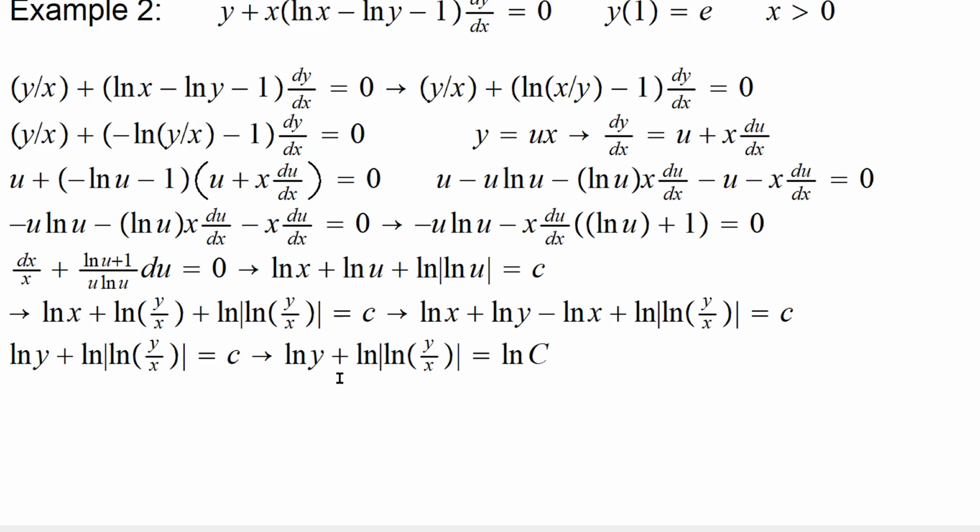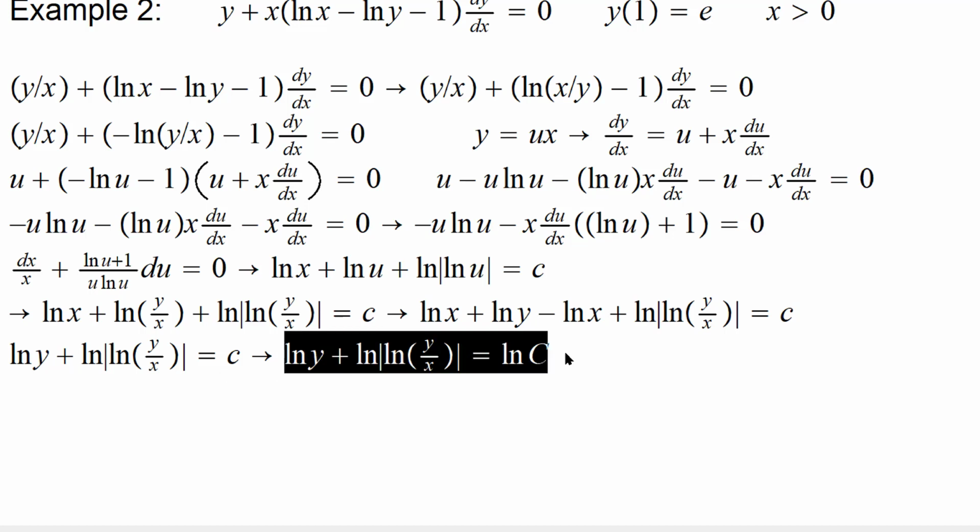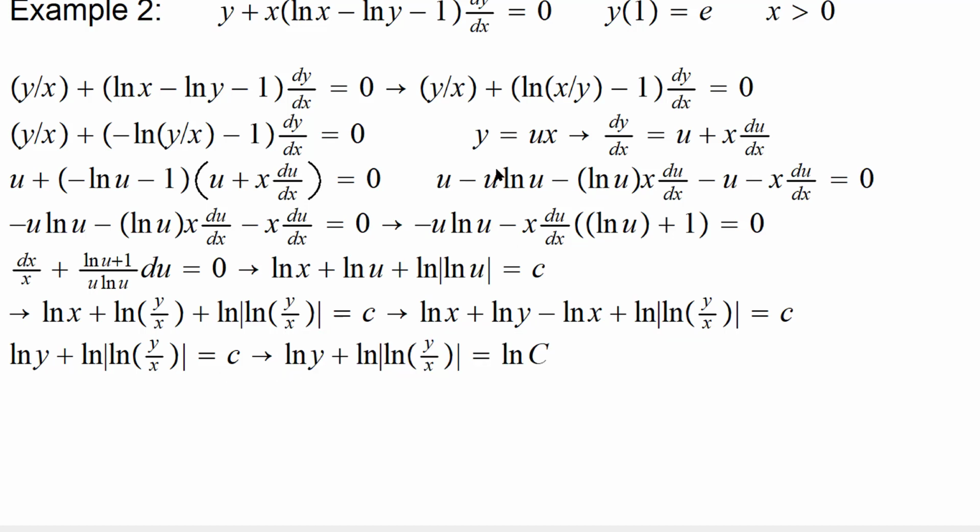So what will happen now is that here I have a sum of two natural logs, so that will be the natural log of the appropriate product. So there we go, we got ln of y times the absolute value of ln of what? y over x, right?